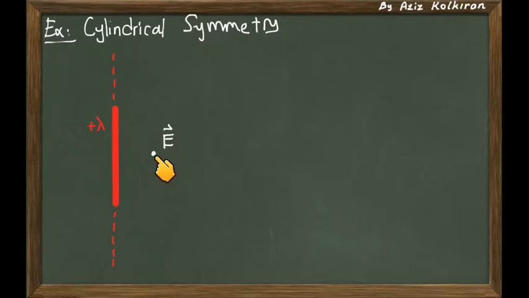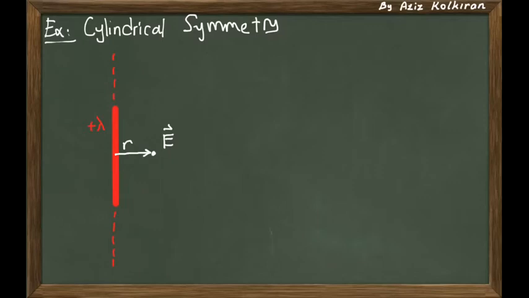And as you see here, you choose this point which is a distance r, perpendicular distance r, to the charge distribution. If you pick up this point around here, or on the top surface which has the same distance, it will not make any difference. So wherever you go parallel to the line, the electric field would look exactly the same.